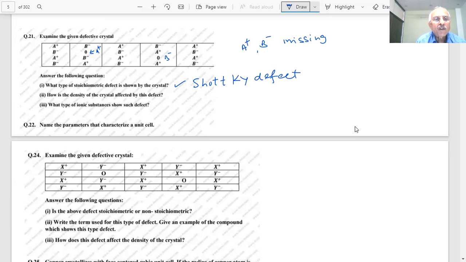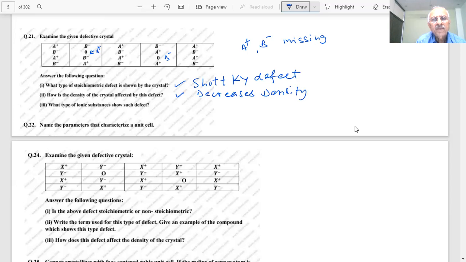Next question. How is the density of the crystal affected? It decreases the density. Third, what type of ionic substance shows such a defect?